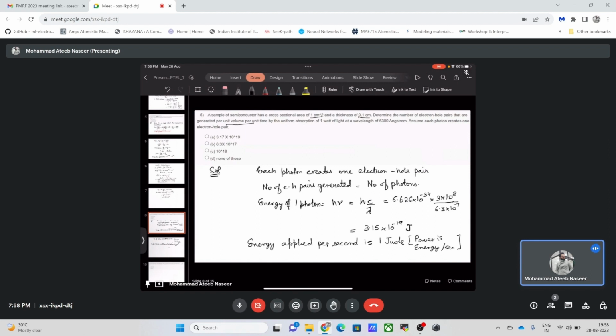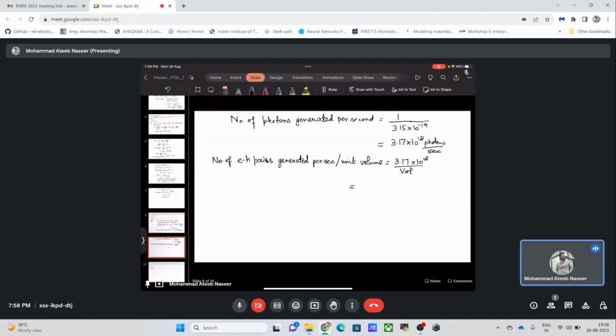It is 1 centimeter square into 0.1, so it is 0.1 centimeter cube. So it is simply 3.17 into 10 raised to the power of 18 per 0.1 centimeter cube. It is 10 to the power of minus 1, or simply it is 3.17 into 10 raised to the power of 19 electron hole pairs per second per centimeter cube.